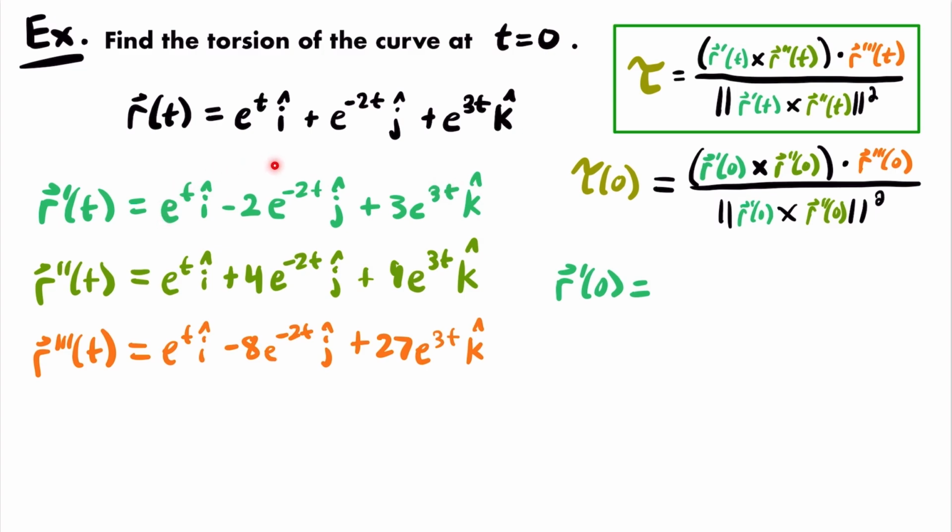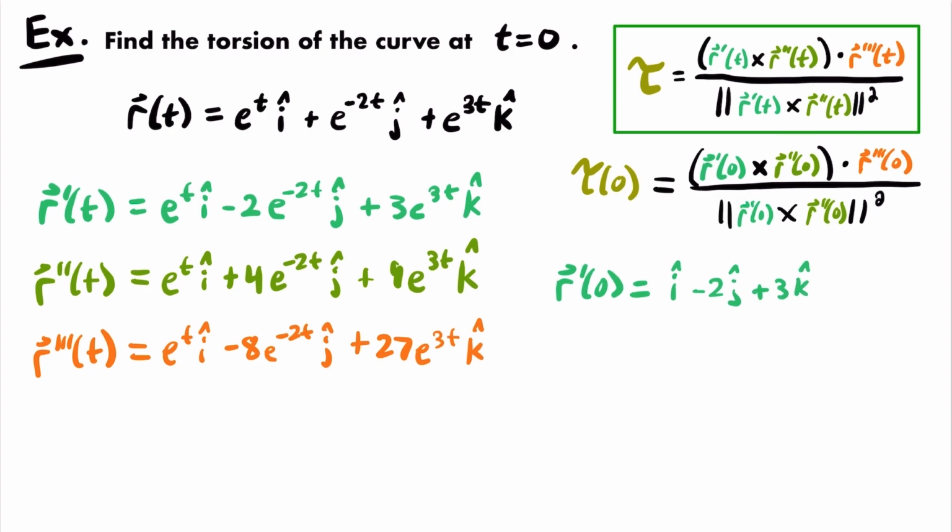So you just have e to the power of 0 in each case, which is equal to 1. So you have 1 for each of those exponential parts multiplied by whatever the coefficient is. So for the x component, you just get 1, so we have i. For the y component, you'll just get -2, so we have minus 2j. And then for the z component, you'll just get 3, multiplied by 1, so you just get 3k.